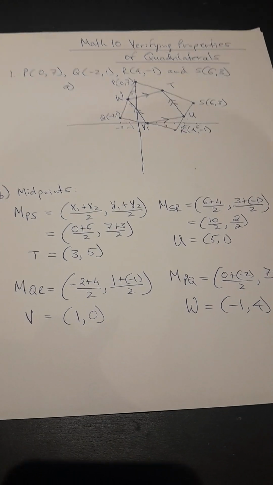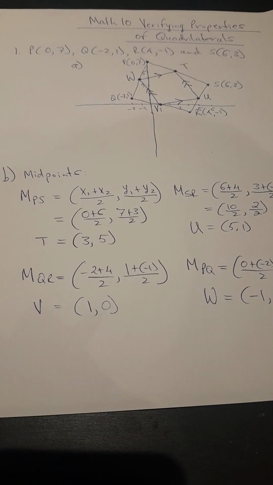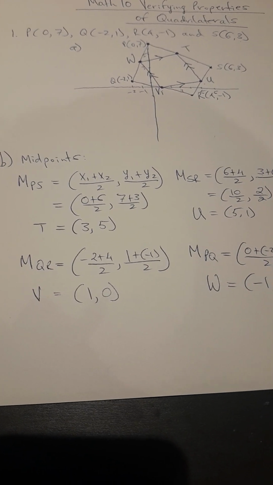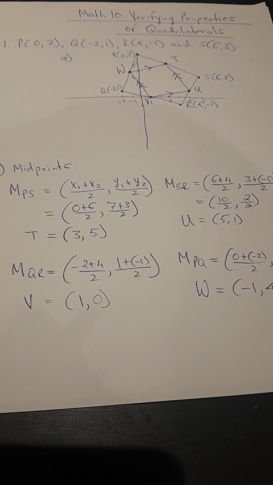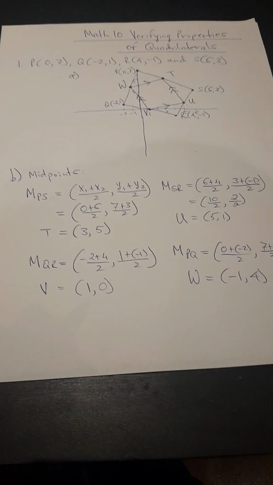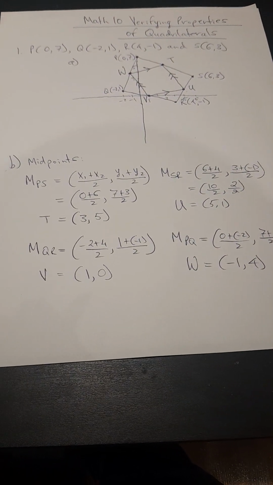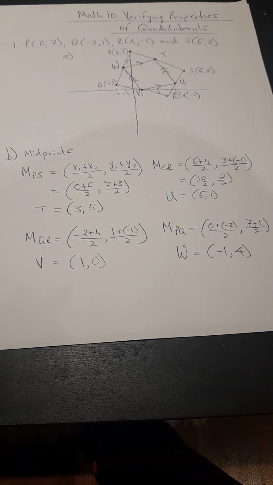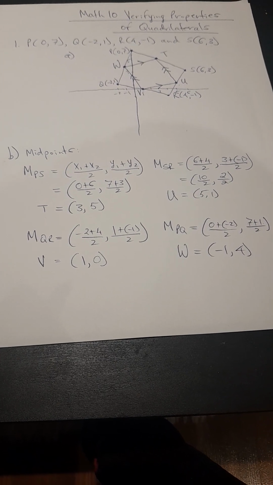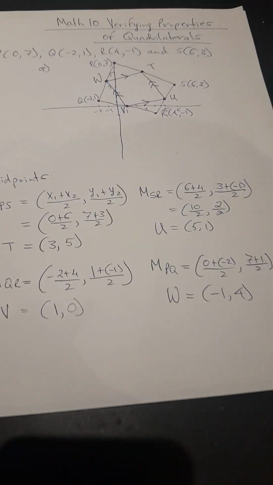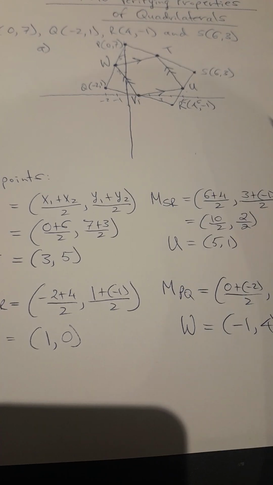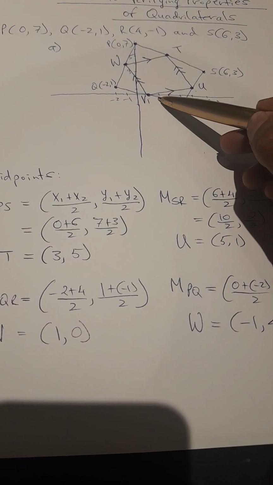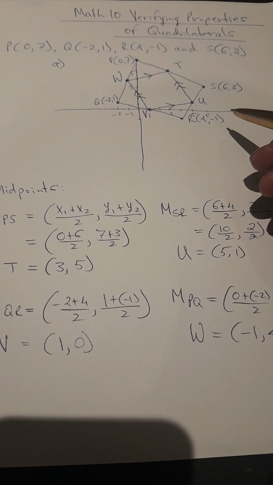So remember, you want to use these arrows to indicate that these opposite sides have the same slope, so they are parallel to each other. Of course there will be other properties as well. I can also be verifying using the length formula to see that the opposite side lengths are equal as well. And that would definitely indicate that this shape inside, which is WTUV, is indeed a parallelogram.